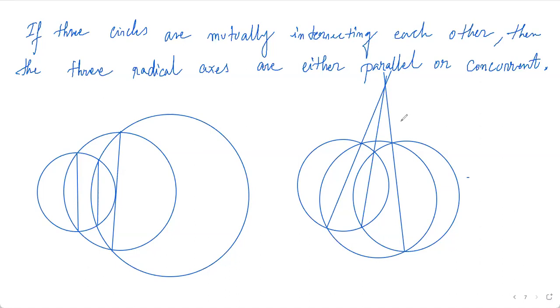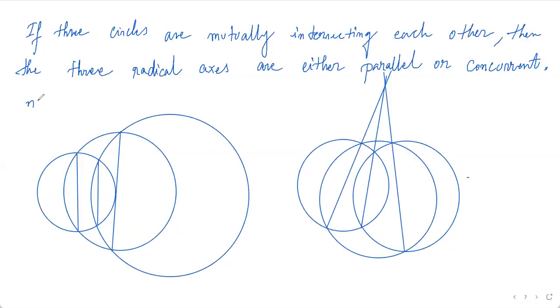I'm going to prove that if they are not parallel, then they should be concurrent. If I prove that not parallel implies concurrent, then obviously the other case is the parallel one, which I don't have to prove. So that's the idea: not parallel implies concurrent.